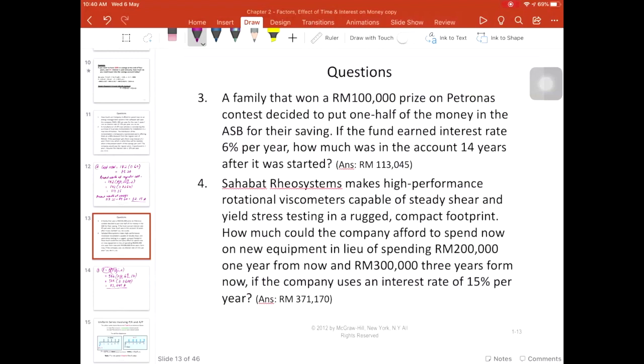Saya tunjuk cash flow diagram. Betul tak? Someone? Show.